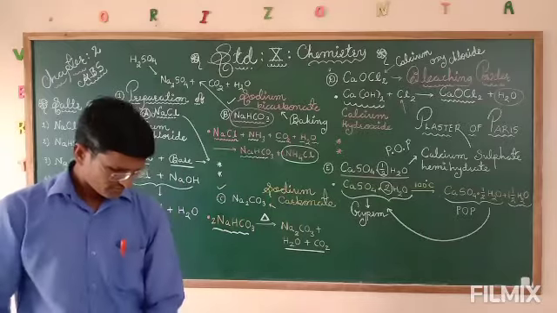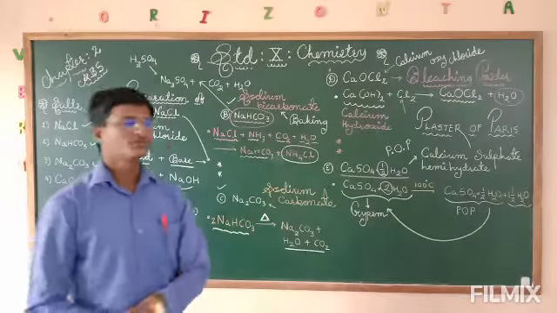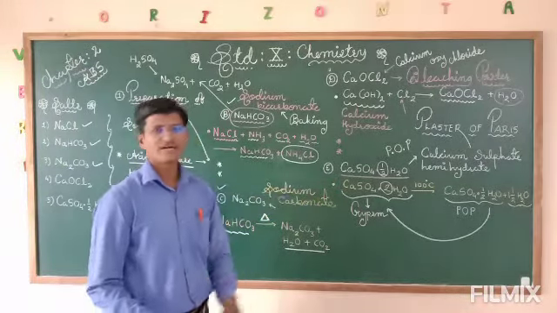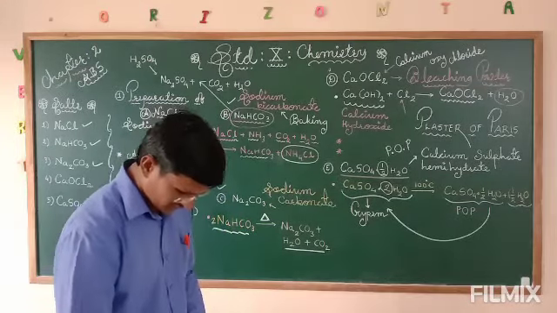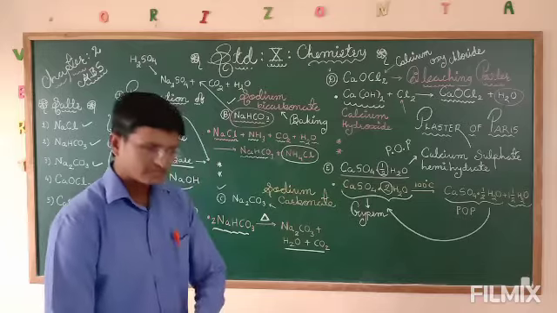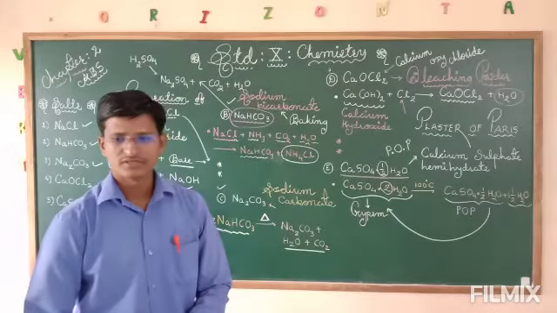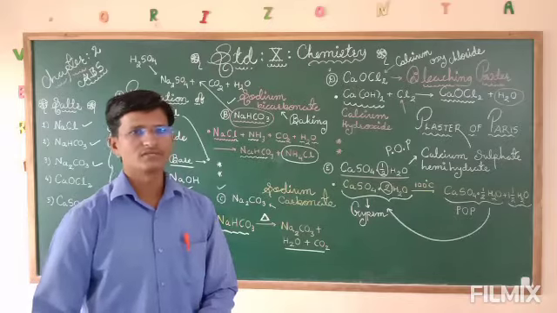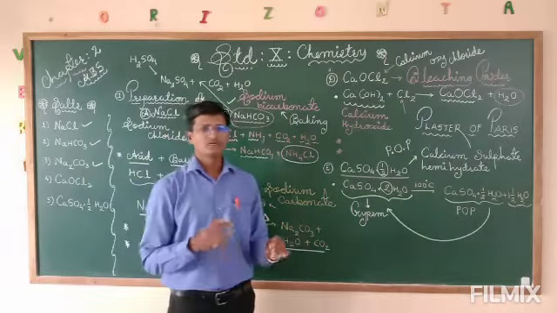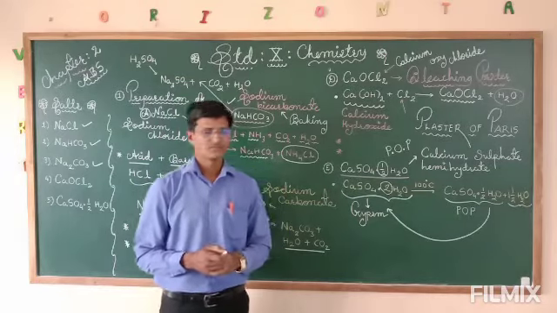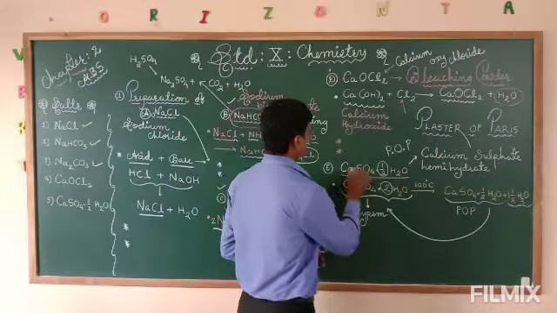And it is a white amorphous powder, generally white powder. We also make dustless chalk from this, so that is also possible. So next, my dear students, this is very important.